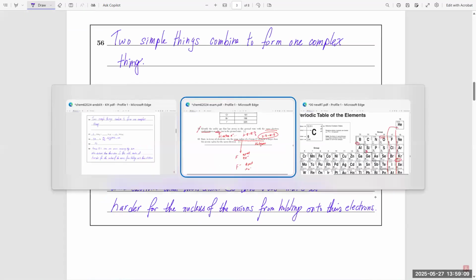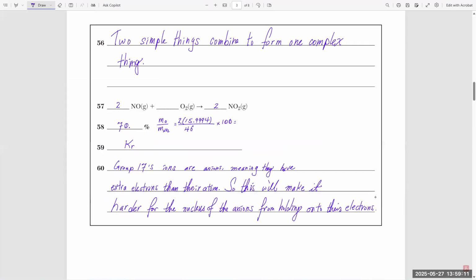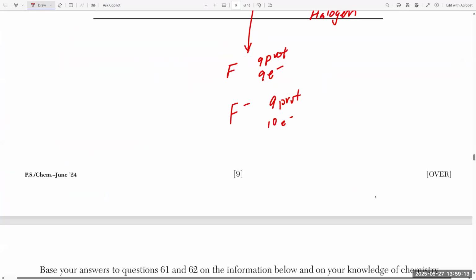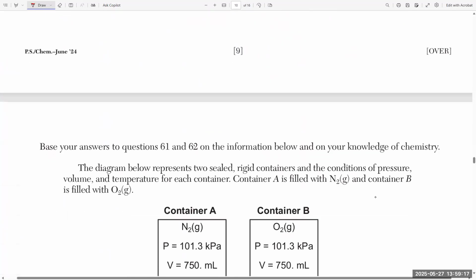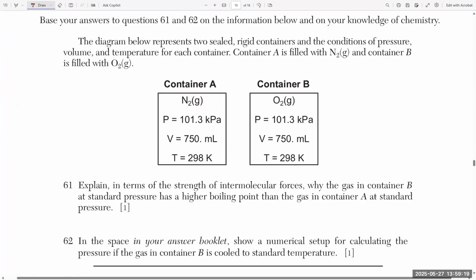All right, let's continue. So 60's done. Letter 61. The diagram below represents 2 sealed rigid containers and the conditions of pressure, volume, and temperature. Like I said, putting the letters in the problem starts to make them pop out to your eyes, and you start having some idea of what topic we're supposed to be talking about.